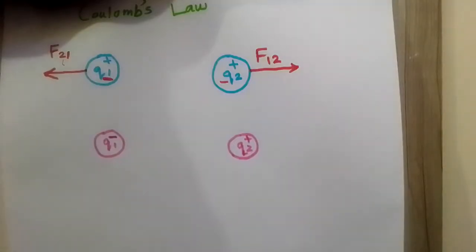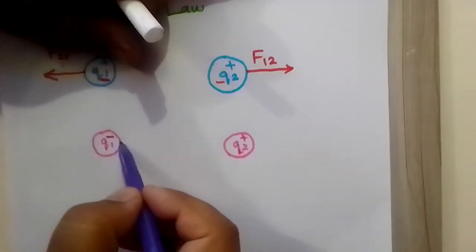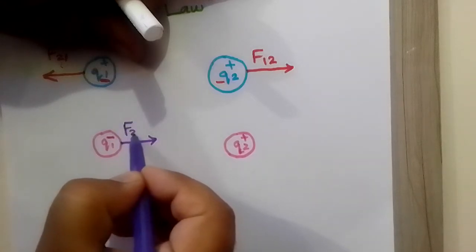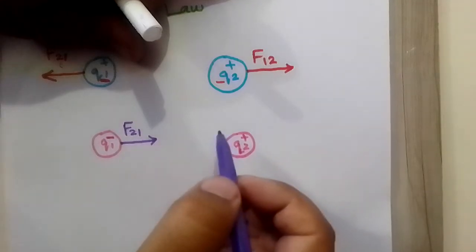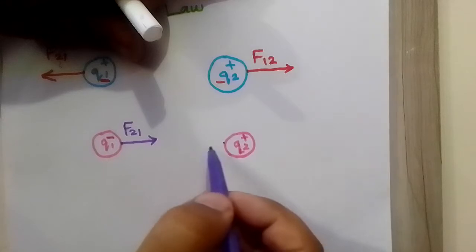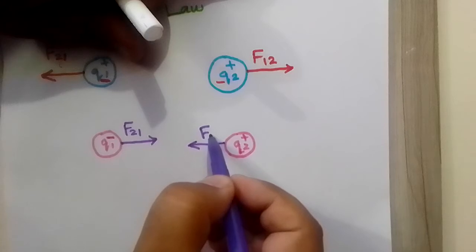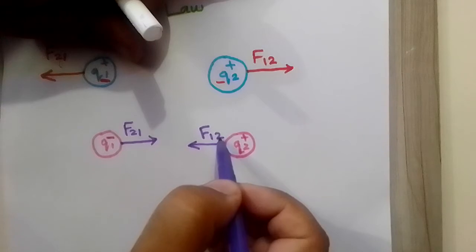So these are opposite charges, and they will exert a force on each other. The force by q2 on q1 will be in this direction, so we will call this F21. This is the force which charge q2 exerts on charge q1. Similarly, charge q1 will exert a force on charge q2 which will be in this direction. Let's call it F12. This is the force by charge q1 on charge q2.